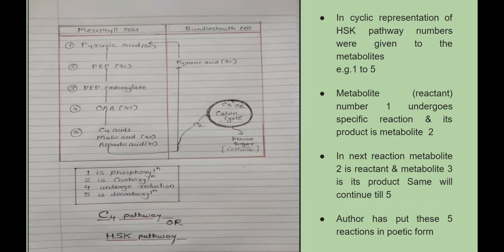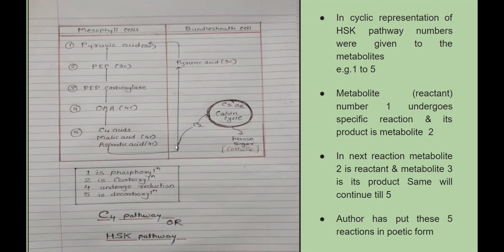Then this is the C4 pathway. I will say the poetic form for this. Mesophyll, bundle sheath, pyruvic acid, PEP, CO2 enters through stomata, PEP carboxylase, oxaloacetic acid, which is the first stable compound. It gets converted to C4 acid, malic acid, aspartic acid.